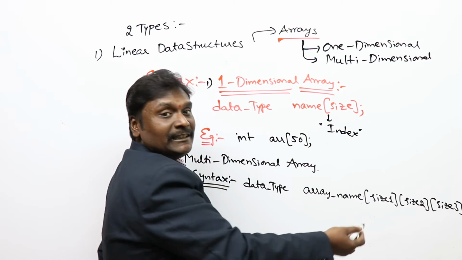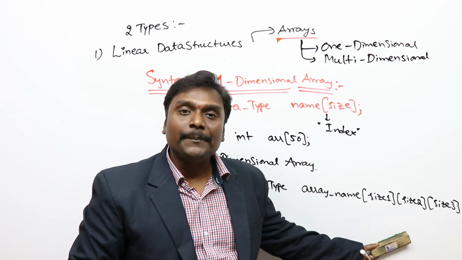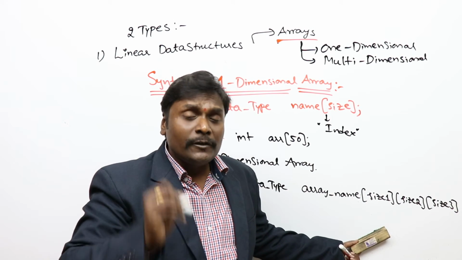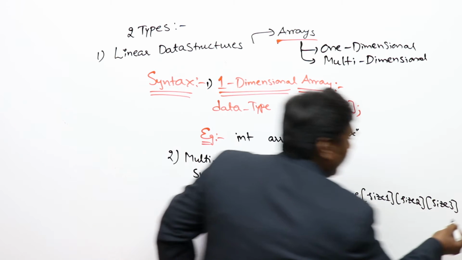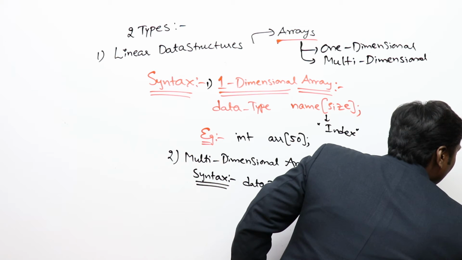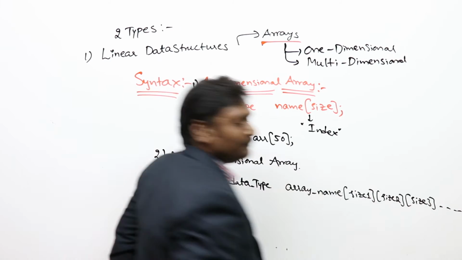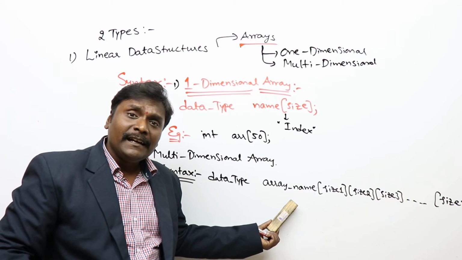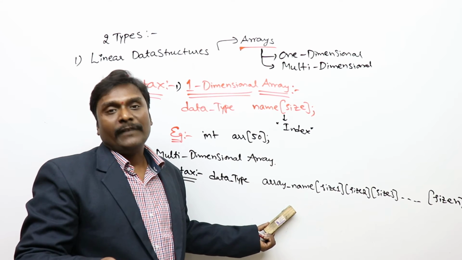Multi-dimension is nothing but you can go for any number of dimensions. Each and every dimension represents an index, and it has a size. You can give any size in size 1, size 2, size 3 and so on, up to size n. This is a multi-dimensional array. You can take either two-dimensional or three-dimensional or any number of dimensions.